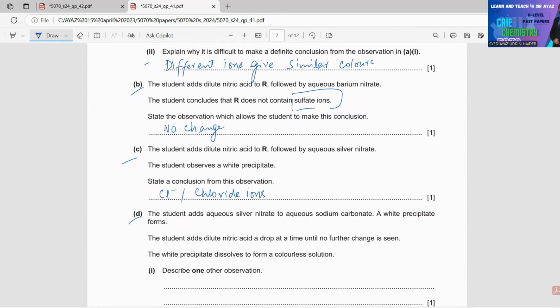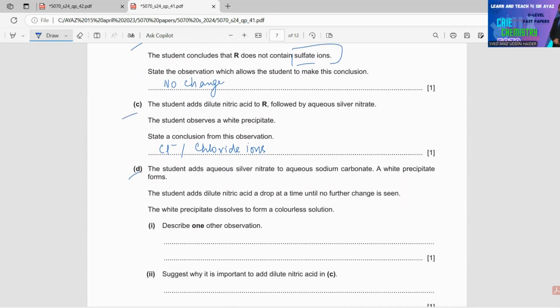D. The student adds aqueous silver nitrate to aqueous sodium carbonate. A white precipitate forms. The student adds dilute nitric acid a drop at a time until no further change is seen. The white precipitate dissolves to form a colorless solution. 1. Describe one other observation.